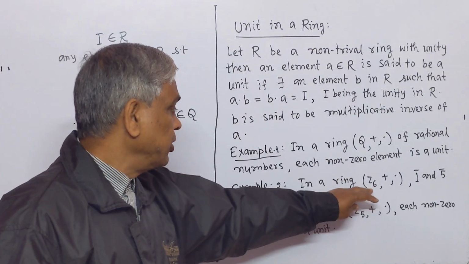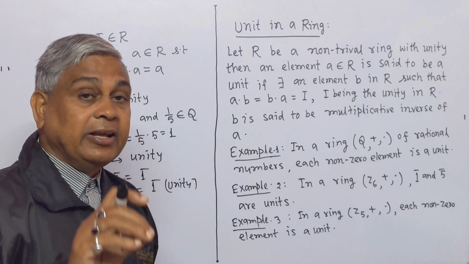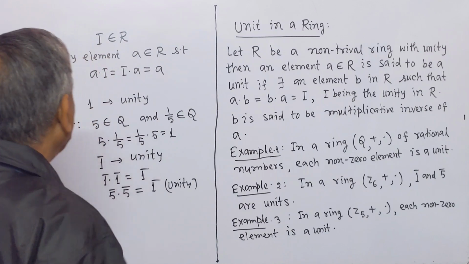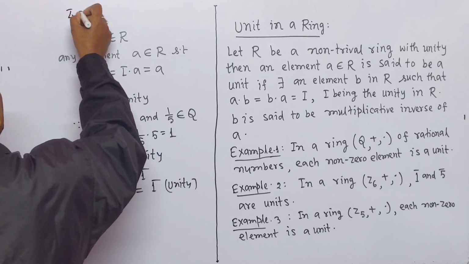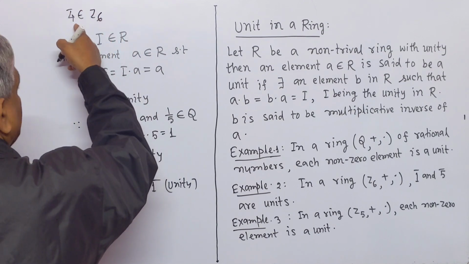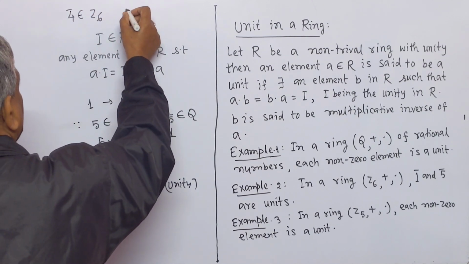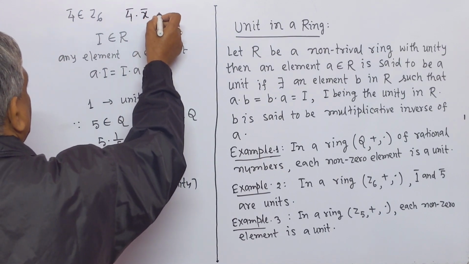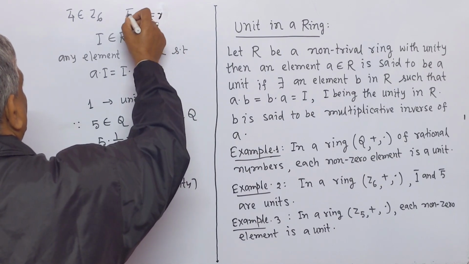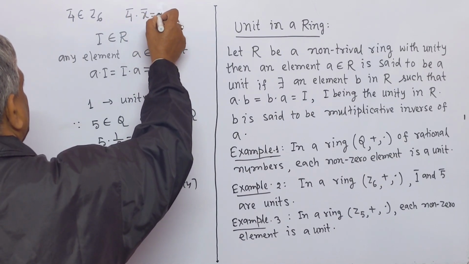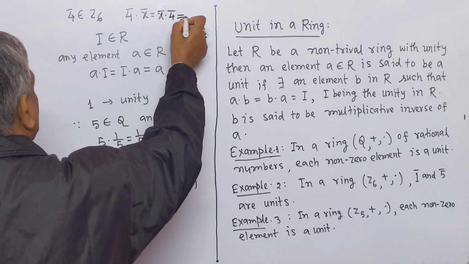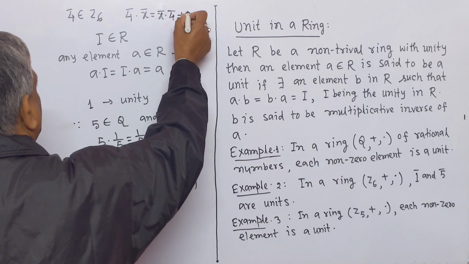In Z6, each non-zero element is not a unit, because if we take 4 bar belongs to Z6, we may not get any element x bar belongs to Z6 such that 4 bar multiply x bar equal to x bar multiply 4 bar, and this equal to 1 bar.